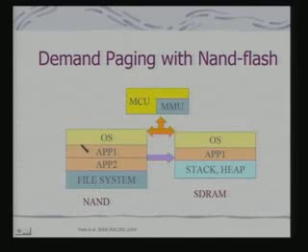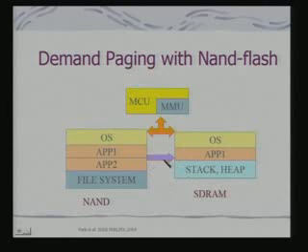In your NAND flash, you have the OS, the code for applications, application 1, application 2, and the complete file system, and you have the MMU sitting with a microcontroller like your ARM MMU. When you start up the system, the OS gets loaded onto your SDRAM. In fact, these pages can be locked so that they are never moved out of your SDRAM.